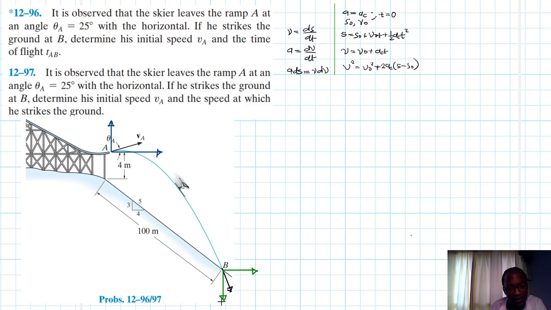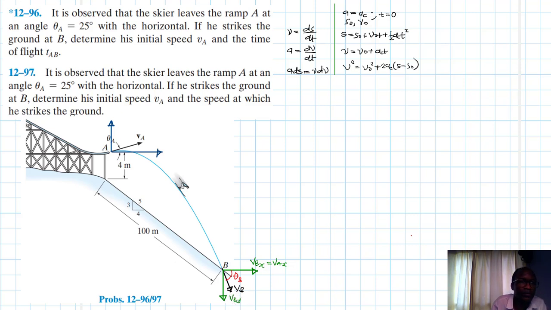So let's label them. Let's say this is our VB, and then maybe this is our theta B. Then this is VBX, which is equal to VAX. This one is VBY.